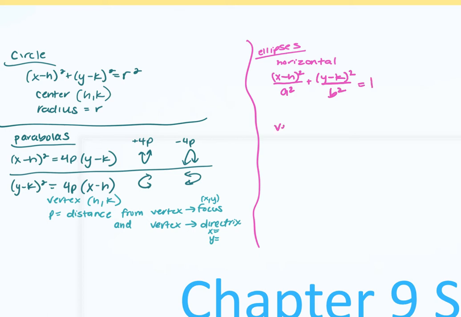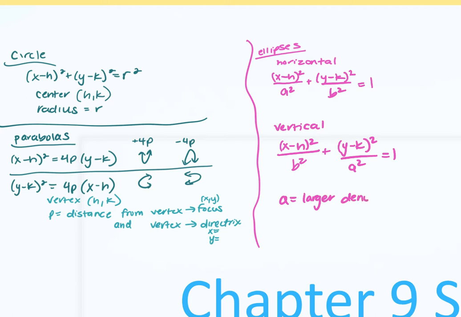And the vertical is x minus h squared over b squared, y minus k squared over a squared equals 1. Order doesn't matter here. The biggest thing is that a is the larger denominator.